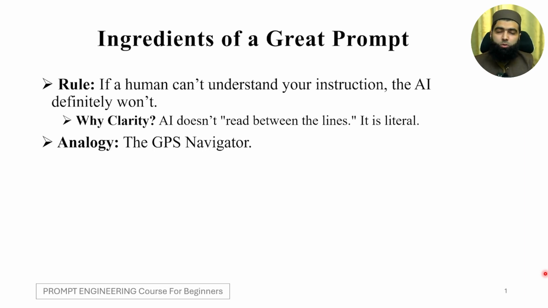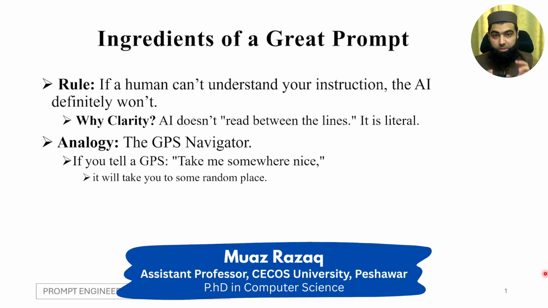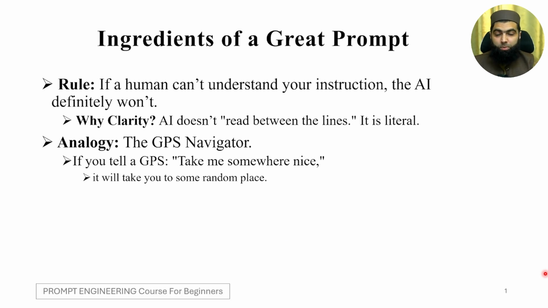So in order to understand this, let's take the example of a GPS navigator. Let's say there is a GPS which picks the location based on what you describe. If you tell it to take me somewhere nice, or if there is a taxi driver and you tell him take me somewhere nice, of course he or the GPS system will take you to some place nice, but what that specific place is, it can be any random place.